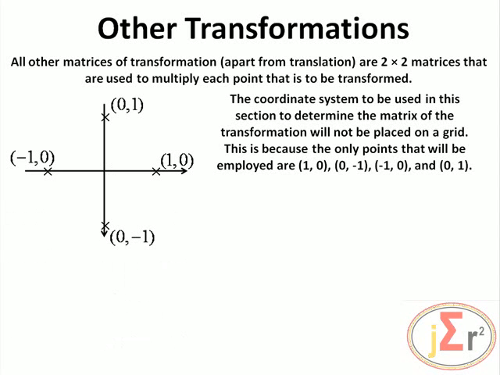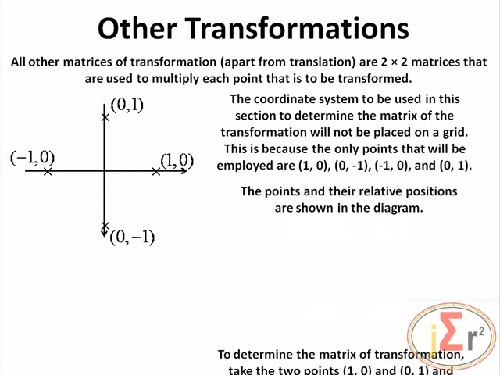So there we have a representation of our system with each one of these points just 1 unit away from the origin. So we don't need a sophisticated system for that. The points and their relative positions are shown in the diagram, no problem whatsoever.